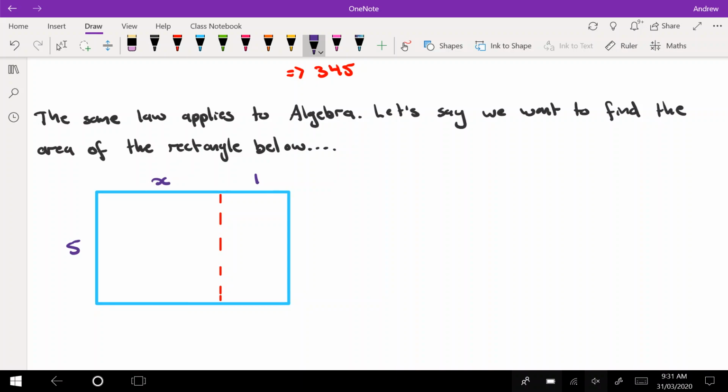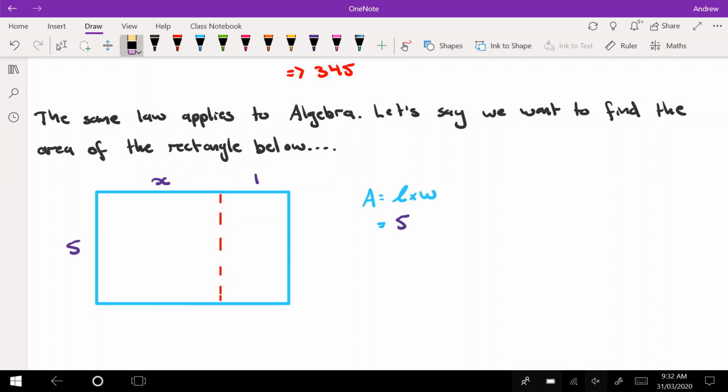Okay? Well, we have a rectangle, so we know that the area is equal to length times width. Well, my length, that can just be this end here. So that is going to be 5. But the width, well, I have x, but I also have 1 at the top there.